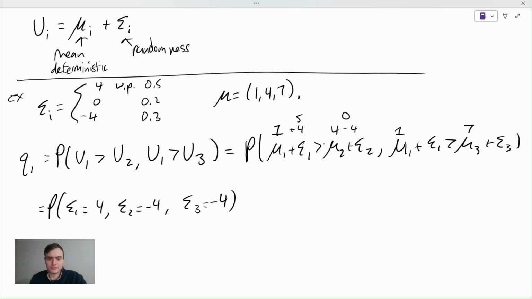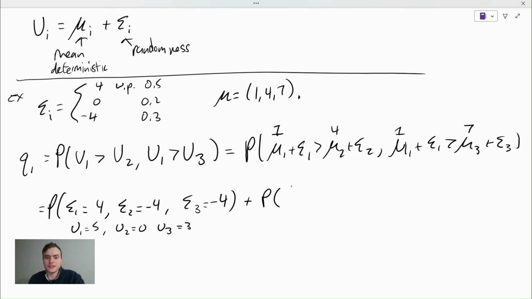So that would work out. In other words, utility 1 equals 5, utility 2 equals 0, and utility 3 would be 7 minus 4, which equals 3, right?